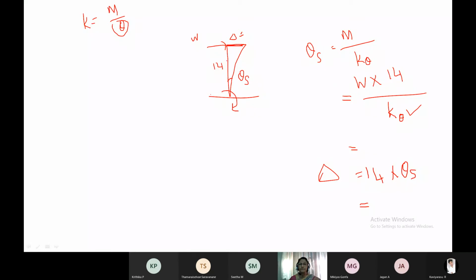Opposite by adjacent side, delta by 14. So what is delta? 14 into tan theta. Because theta is a very, very small value, delta can be taken as 14 into theta. Is it clear now how this delta is coming here?